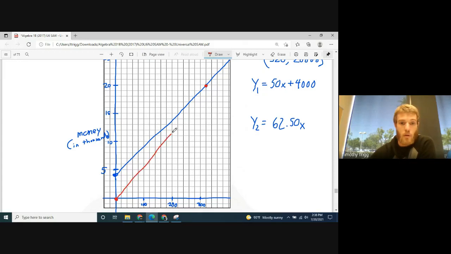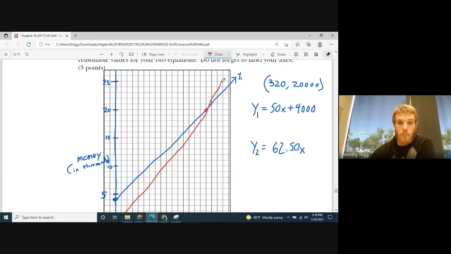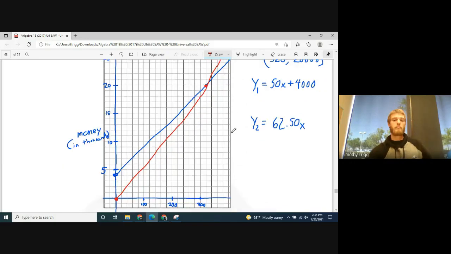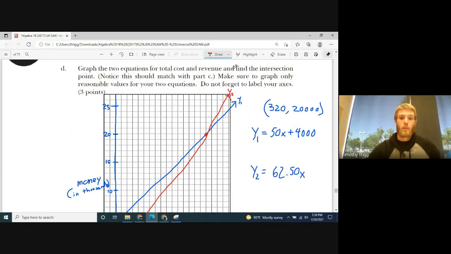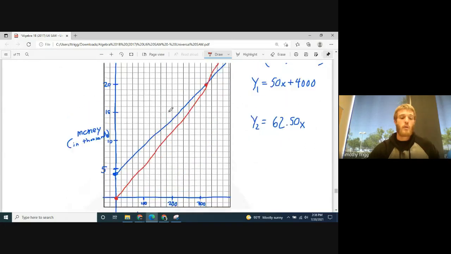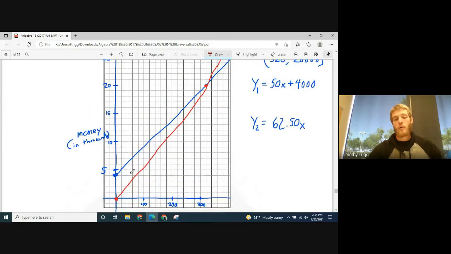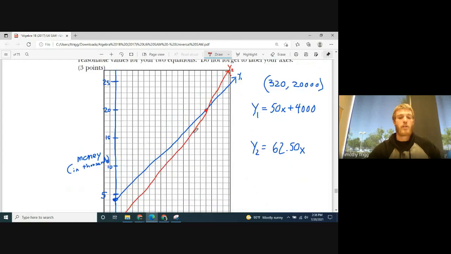Make sure to use a straight edge here to make it look nice and neat. My red one didn't come out as good as the blue one, but that's okay. So here's our revenue equation. Okay, there you go. Here's our cost equation in blue and our revenue equation in red.